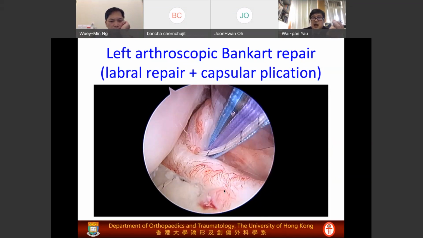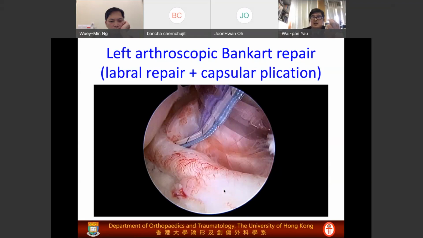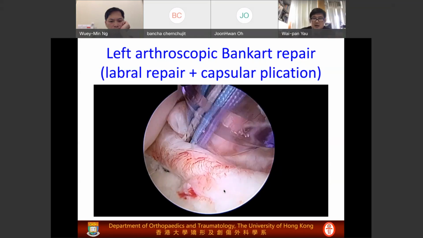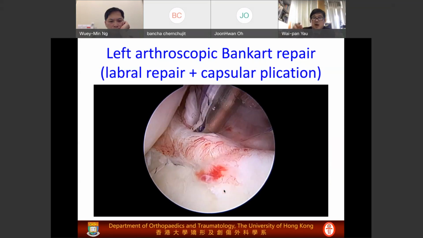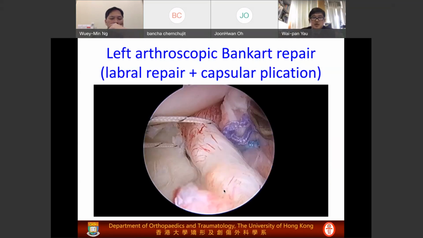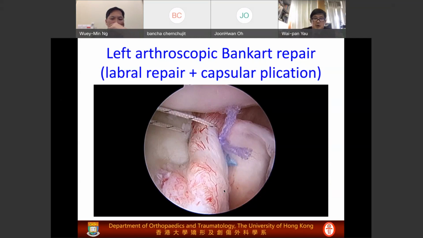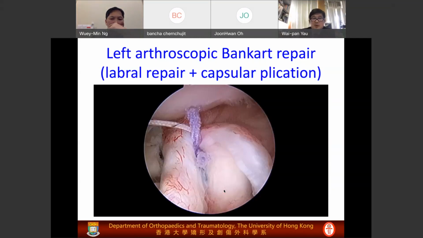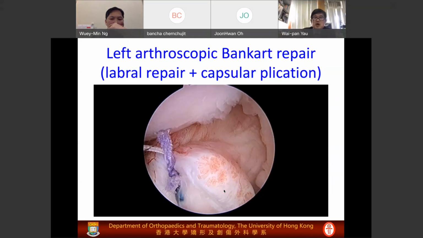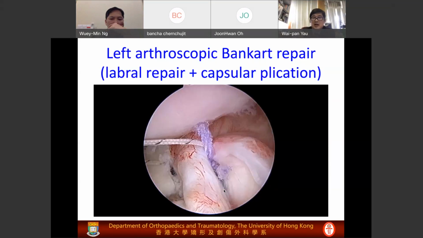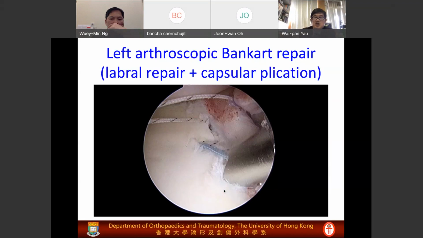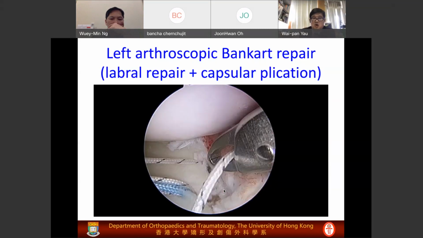By doing this, I will be able to tighten the capsule without dampening the Bankart lesion itself. If I'm not happy, I can actually put 2 tension sutures here. And then afterwards, I will complete the labral repair by taking both sutures to the posterior part. You can see with this capsulorrhaphy, the tension of the anterior-inferior band of the IGHL has already been restored.